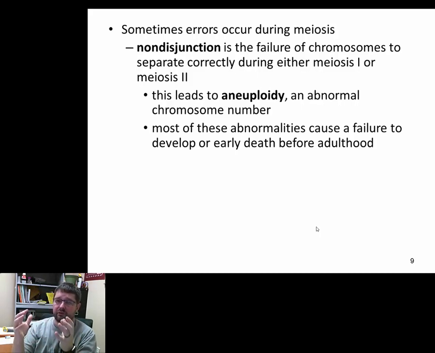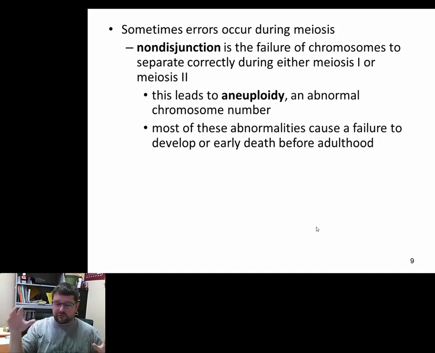Because you just have too many chromosomes. But there are certain situations, there are certain places where that can occur. And so we're talking about nondisjunction in meiosis, sex cells, okay? And what happens with these situations. In mitosis, nondisjunction can still occur.